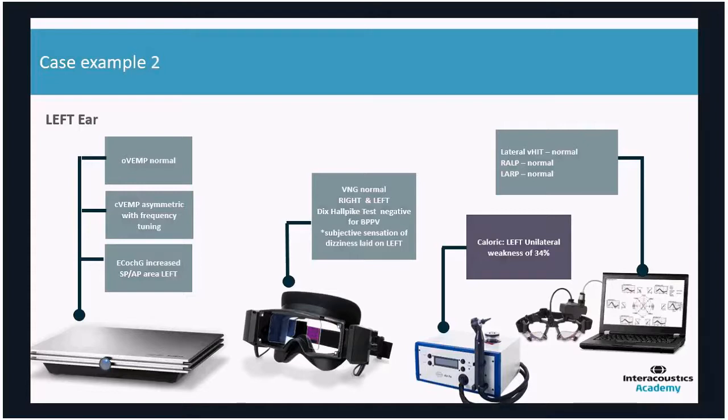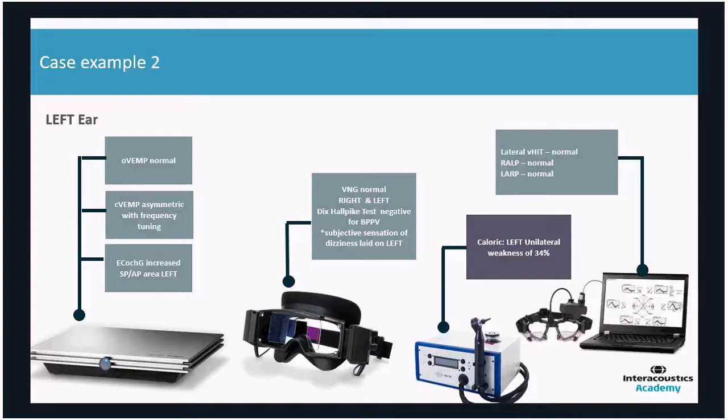The question would be then, if we'd started with vHIT and vHIT alone, we could have said that actually we can't see any peripheral vestibular change here. But in actual fact, we have to remind ourselves that the caloric assessment and the vHIT assessment are testing the same angular VOR response, but at different frequencies.